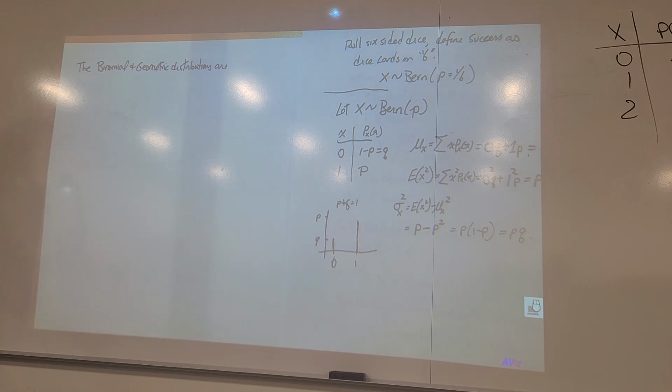Anyways, before we get to the lovely Poisson, the binomial and geometric distributions both stem out of this notion of a Bernoulli. But what we want to do is have repeated, identical, independent trials, built from the Bernoulli.